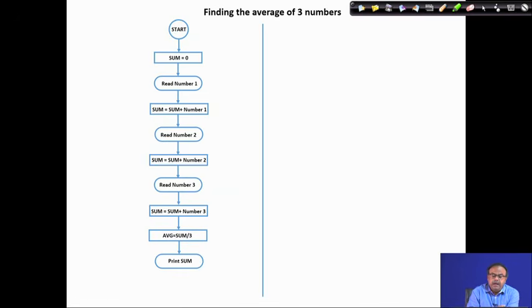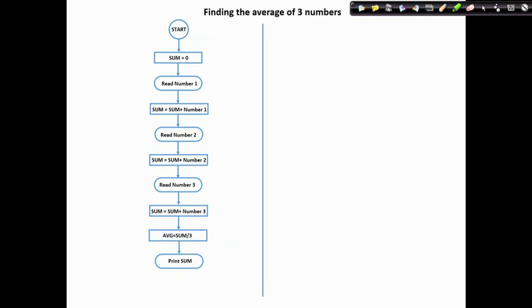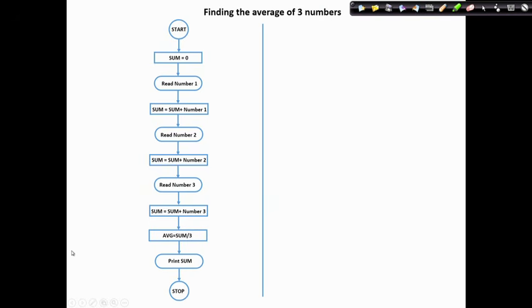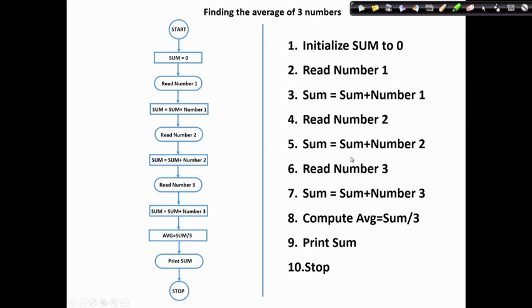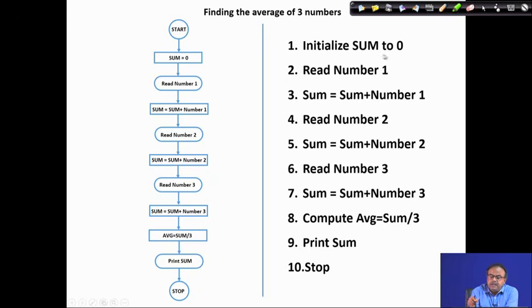Now, the same thing I can express in the form of a pseudocode or English like language. Let us see how it looks. Here you just see what I have done. What I wrote in the first step is equivalent to this.